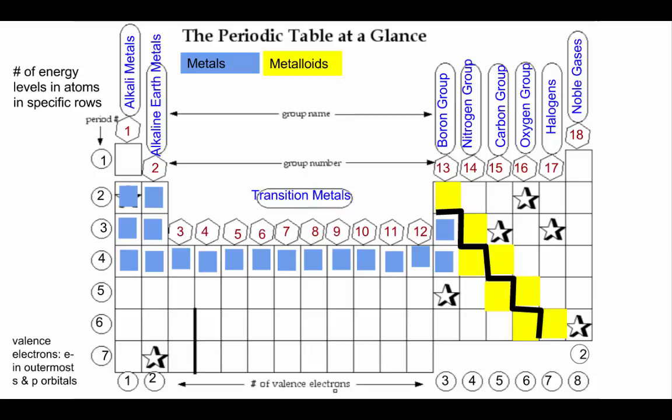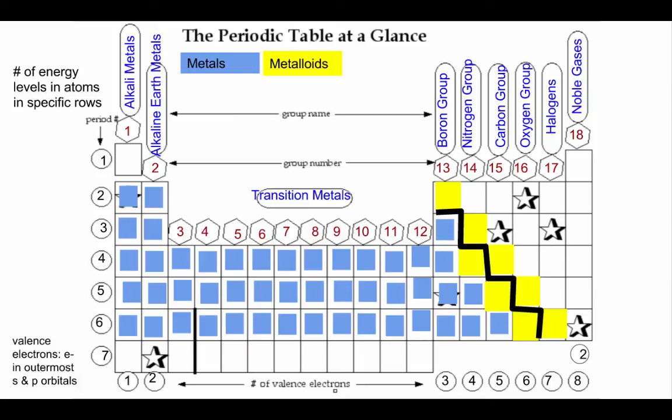Either way, but don't feel like you have to do that. It's just easier on the computer. And so we have all, or most of row 5, much of row 6, and a lot of row 7. All right, so those are all the metals. And if you look in here, you'll see there are gold and silver and platinum and tin and zinc. So all of those are in here, and you should recognize those as metals.